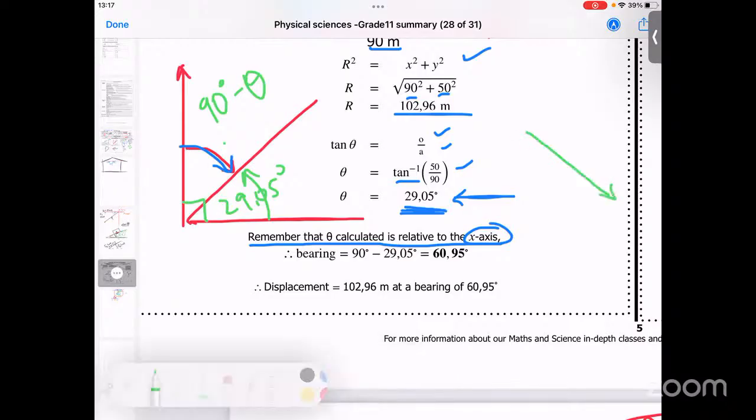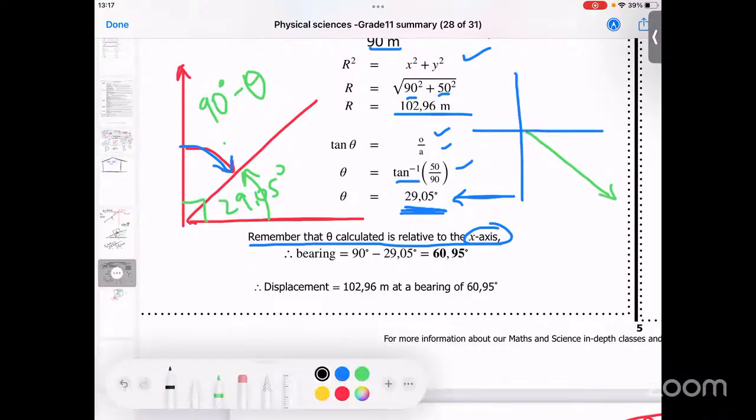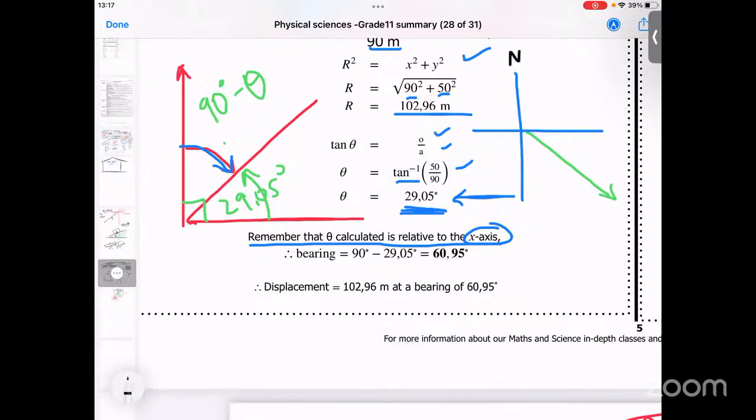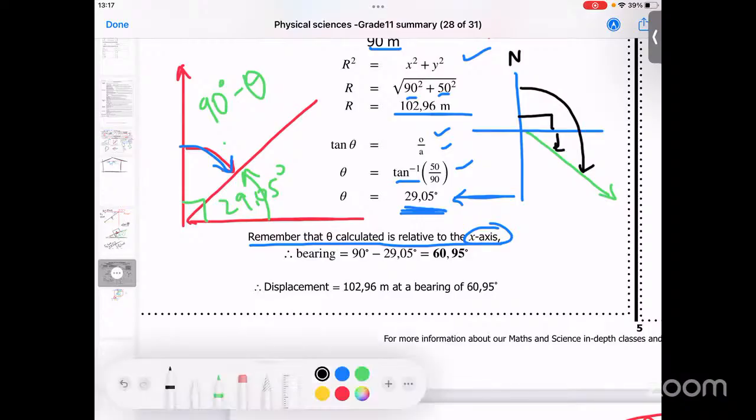So imagine, for example, if we had the boat or the resultant in that direction. In terms of the bearing, it would be with reference to that y-axis, or the north. It will have to be the whole of this angle, where you have that 90 plus that extra angle.